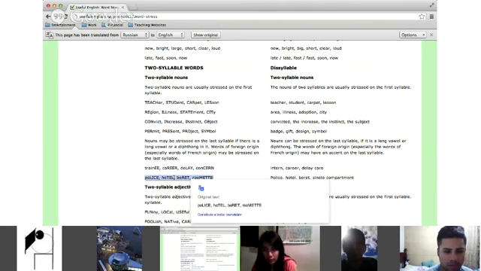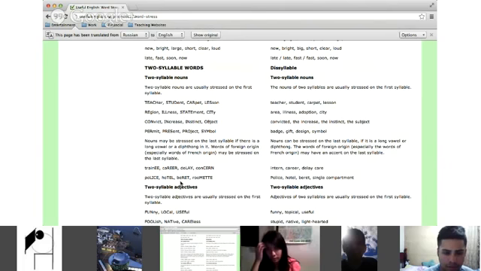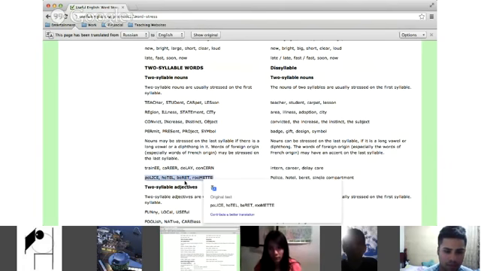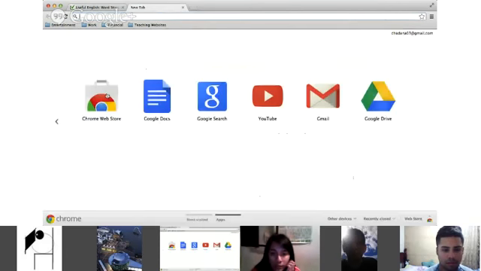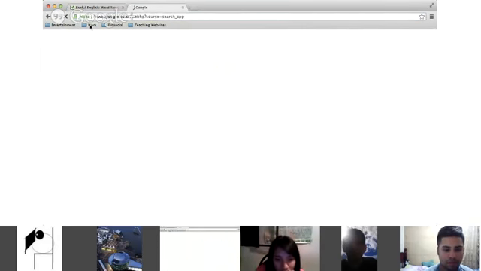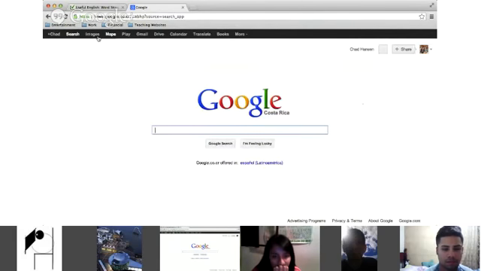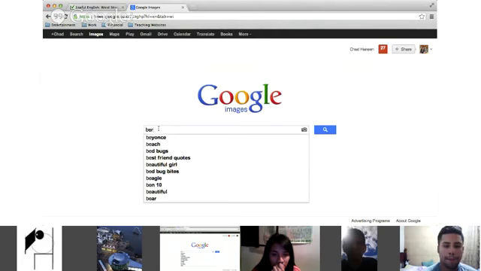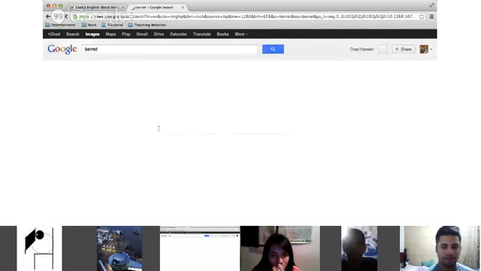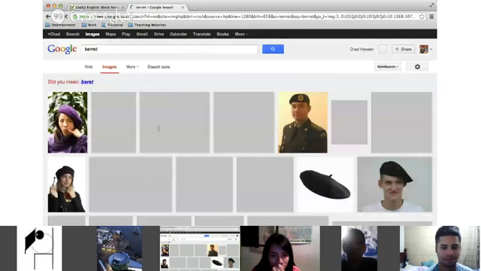What is a beret? Not exactly sure. Let's look it up. I know what a beret would be if it's spelled a little bit differently, with two T's, in Spanish.